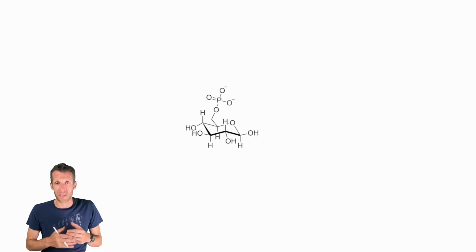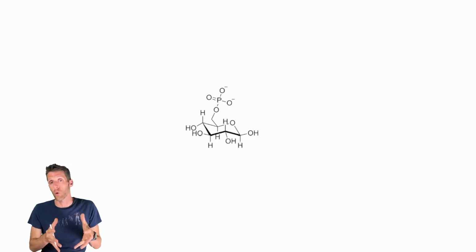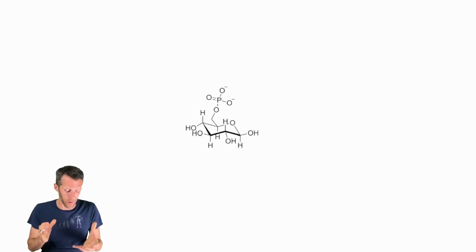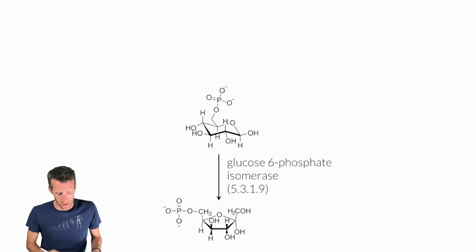So a good example of this is actually something we've briefly mentioned in previous videos, but this is a molecule of glucose 6-phosphate. This is a key metabolite that is in our cells. It has multiple places it can go, right? So it can undergo this isomerization reaction, and this is going down the pathway of glycolysis.